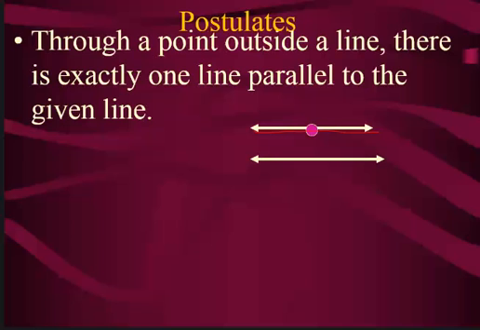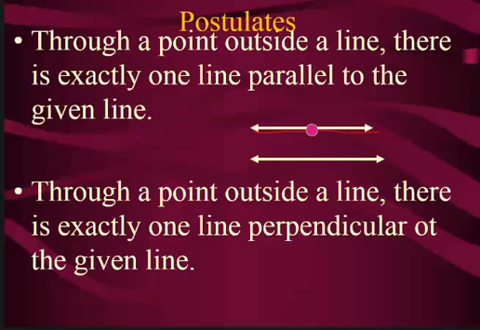Okay, a postulate that goes along with that says that through a point outside a line, so again, I have a point outside a line, there is exactly or only one line perpendicular to the given line. Okay, so again, I can draw a line through that point, but is this line perpendicular to the existing line? No. I could draw another line through there.